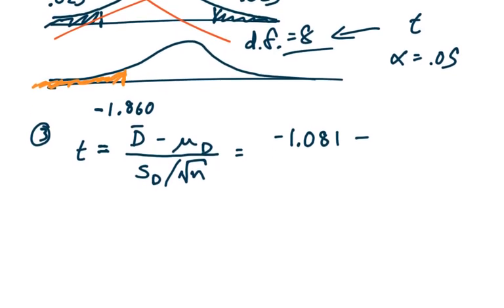So what do we put in right here for mu subscript d? We're just going to put in 0. Whatever we wrote in the null hypothesis, that's what we'll use. We have the previous value for our standard deviation, 1.937, and that is going to be divided by the square root of our sample size 9.